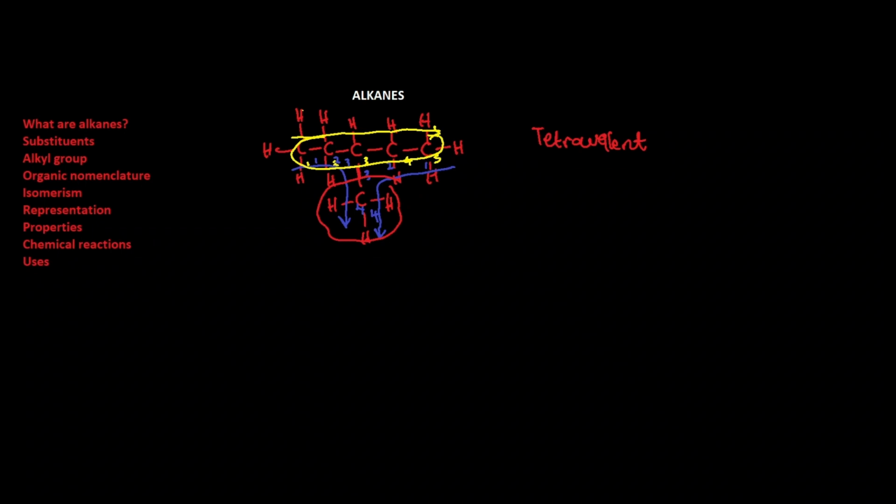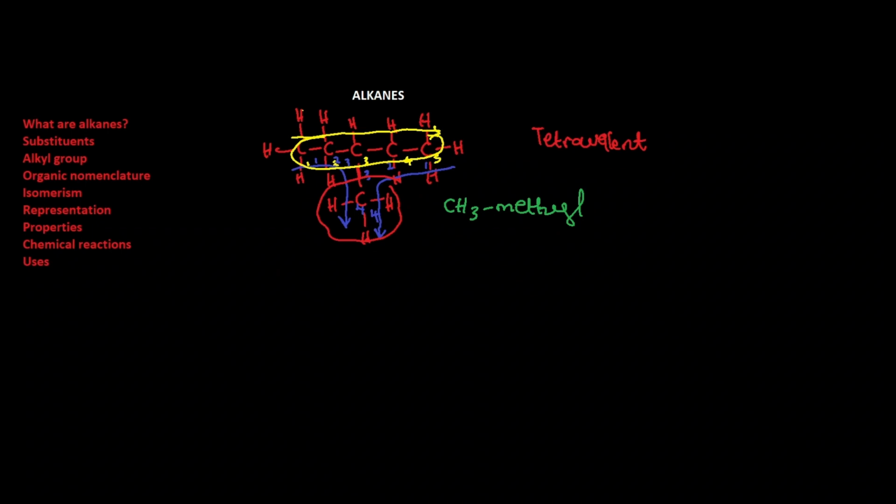Now we can see here that this is an alkyl. It is CH3 and it has the name methyl. Now, having identified the substituent, we want to locate the position of the substituent in terms of the carbon to which it is attached.